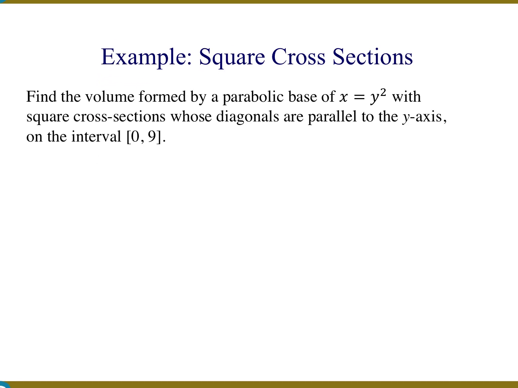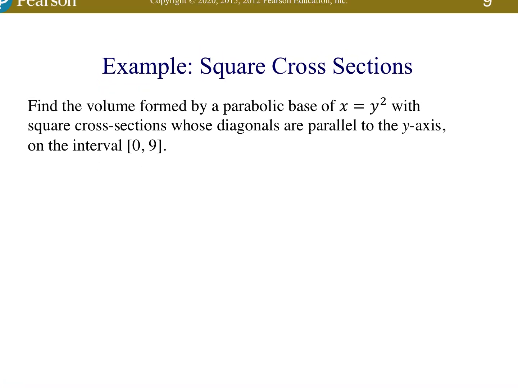Okay, so now there's no pictures. We're going to have to come up with our own pictures. Here we have a volume formed by a base that's x equals y squared. So it's not y equals x squared. What would y equals x squared look like? Parabola. Okay, what does x equals y squared look like? It's sideways.